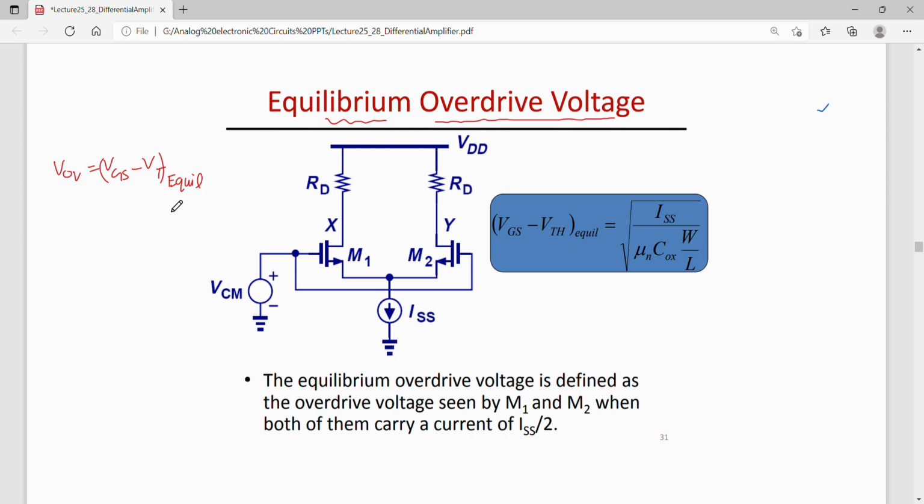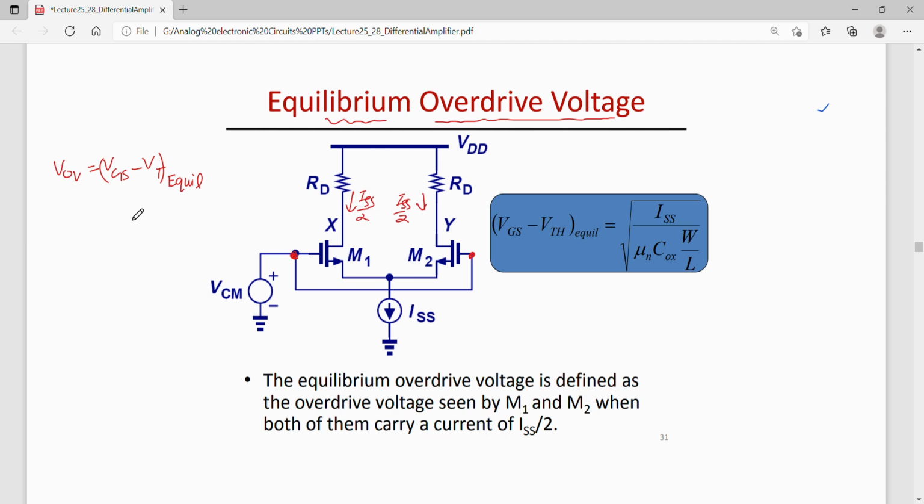Okay. So this equilibrium overdrive voltage here means that the voltages that are seen at the inputs of these two transistors, so that both of these transistors carry a current equal to ISS by 2. Okay.